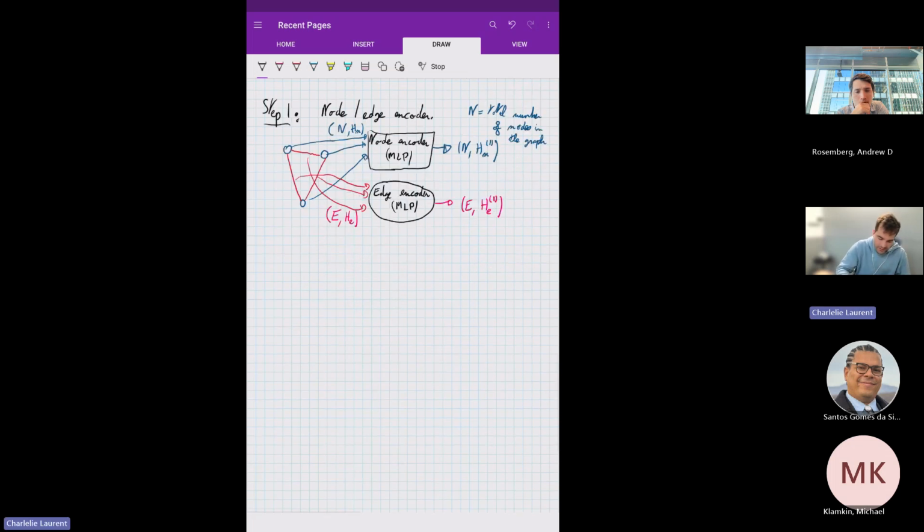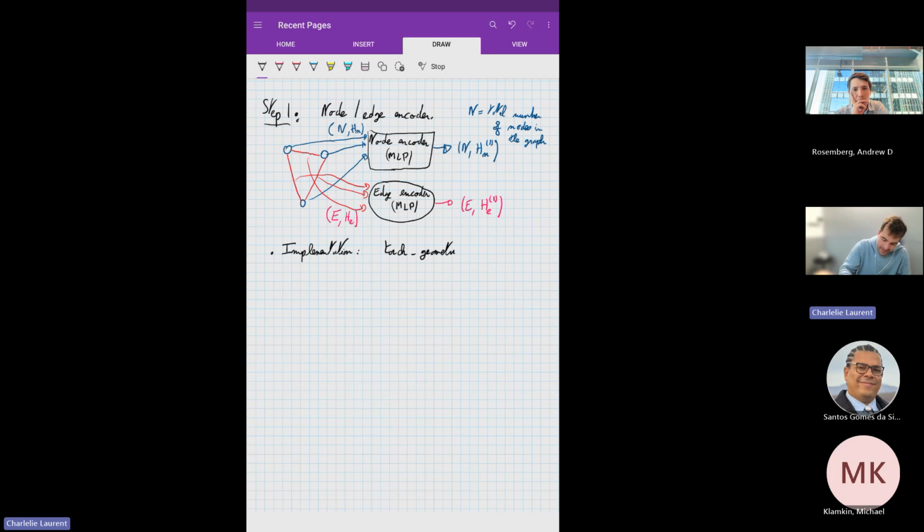So in terms of how to implement these things, the main library for graph neural networks is Torch Geometric. It's something built on top of PyTorch.